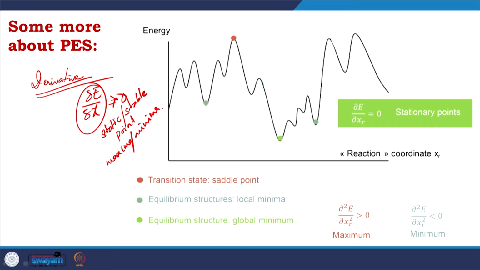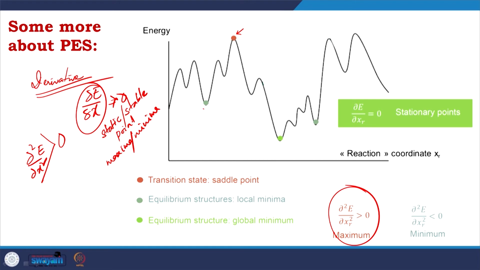But then when we go for the double differentiation, d2E/dx2, if d2E/dx2 is greater than 0, then it is minima, whereas when d2E/dx2 is less than 0, then it is maxima.